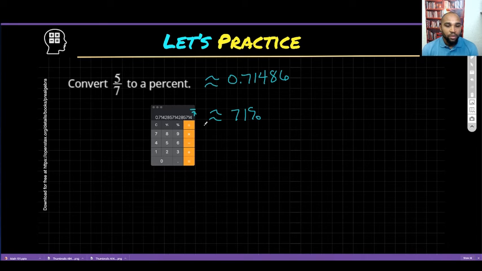And that's really all you have to do. Now you can multiply by 100, and then move the decimal over 2 spaces. But you can also think about it as just looking at the hundredths place, because you're getting 71. If you just cut it off right there at the 71, you got 71 over 100. That's 71%.